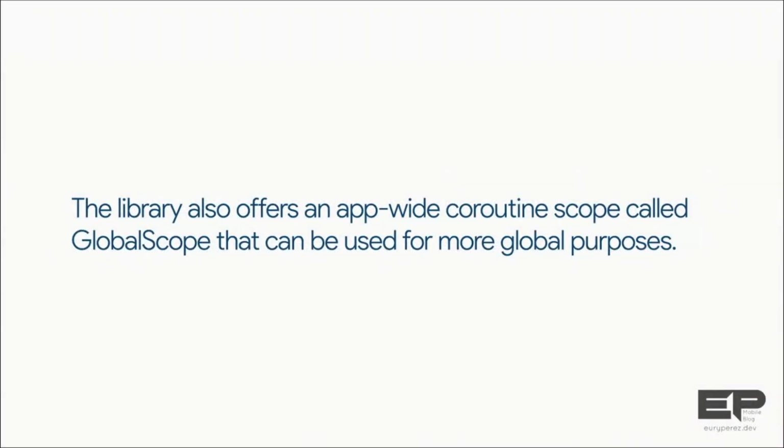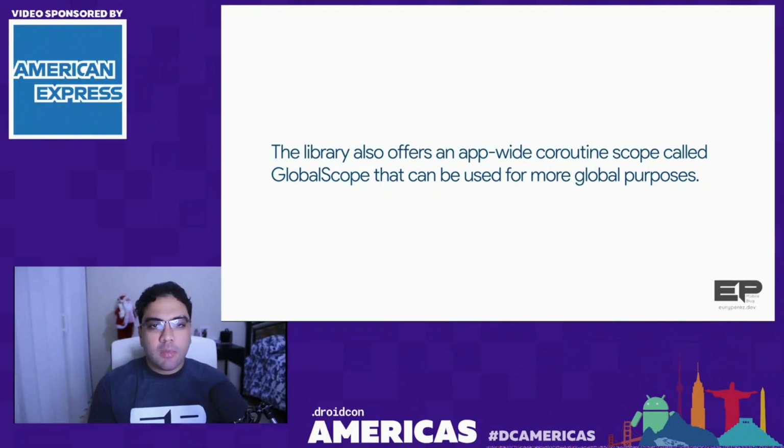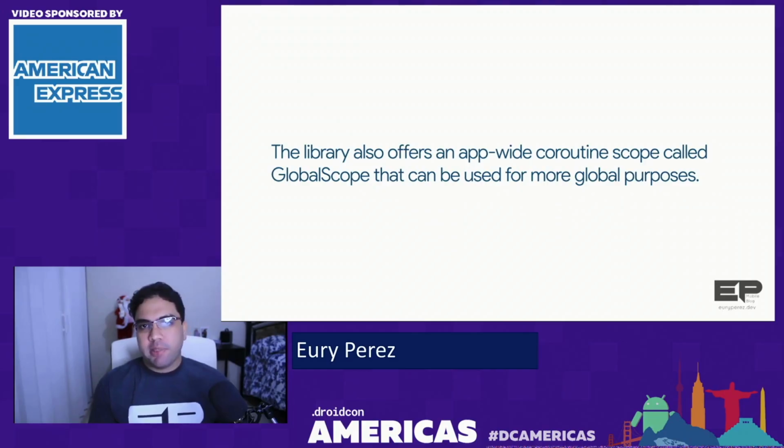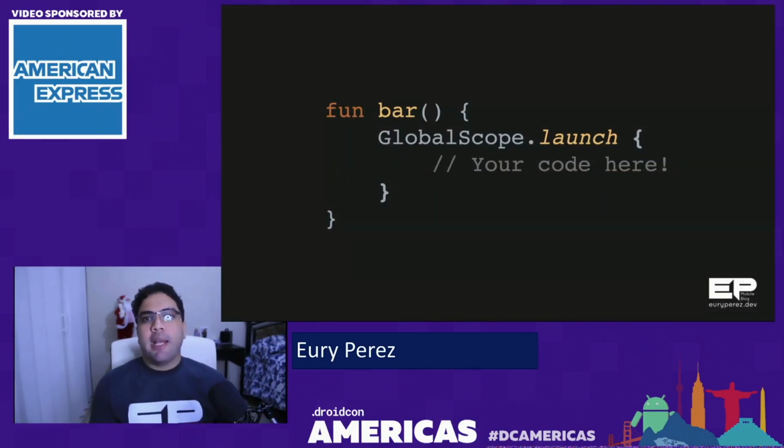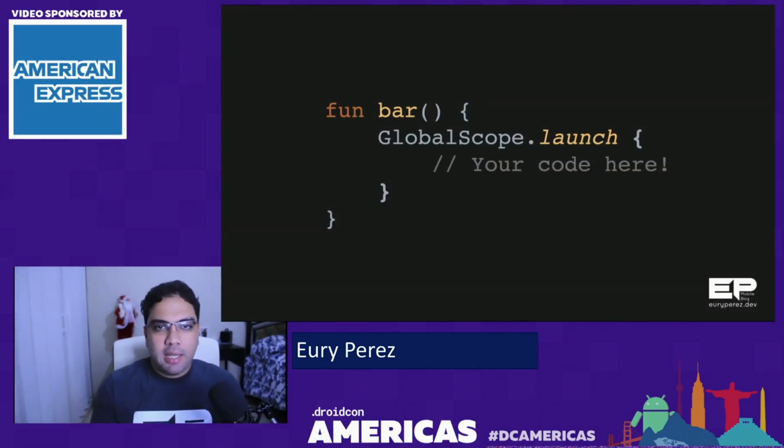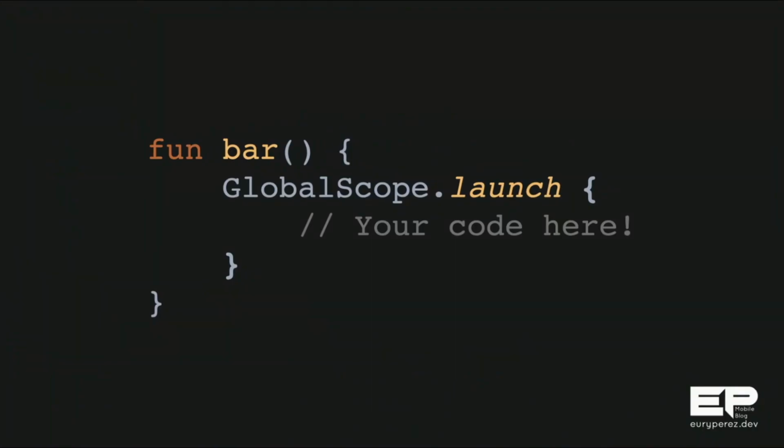The library also offers an app-wide coroutine scope called GlobalScope that can be used for more global purposes. This isn't so recommended for specific use cases like view models or lifecycle scopes, because when you have a coroutine, you need to have control over it.